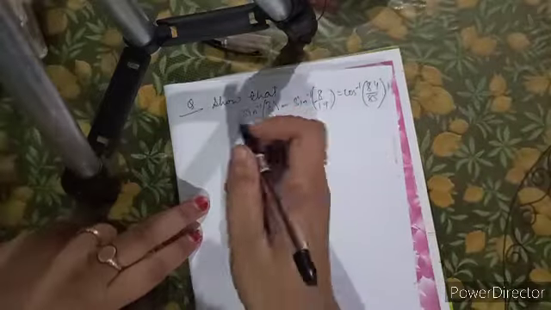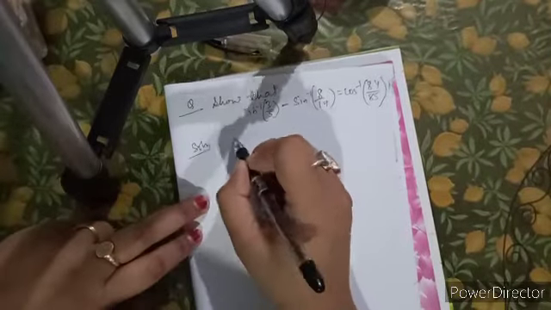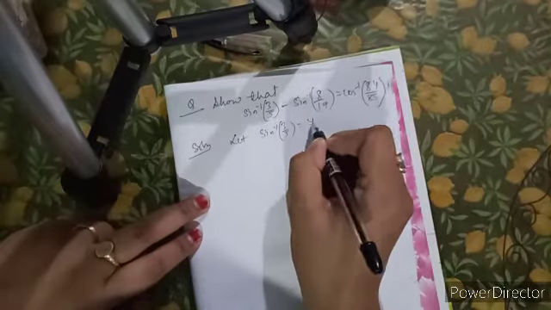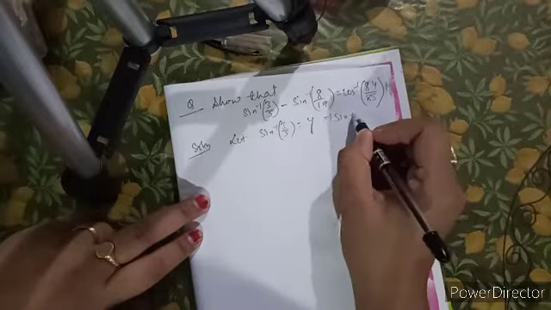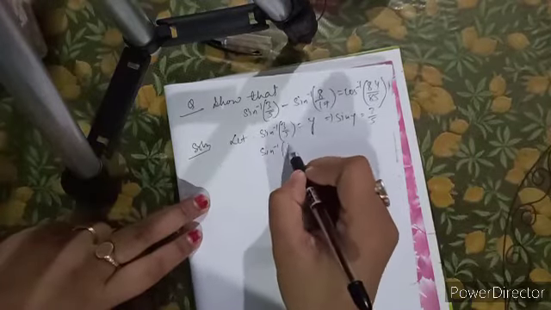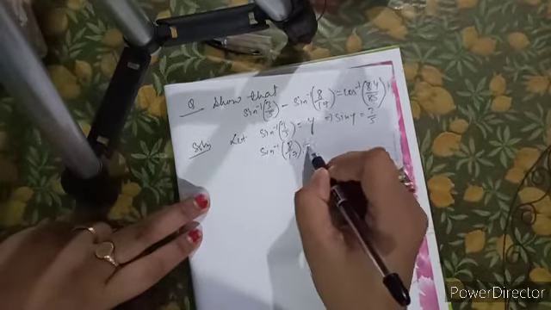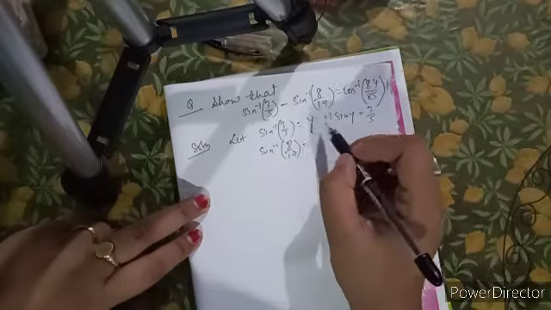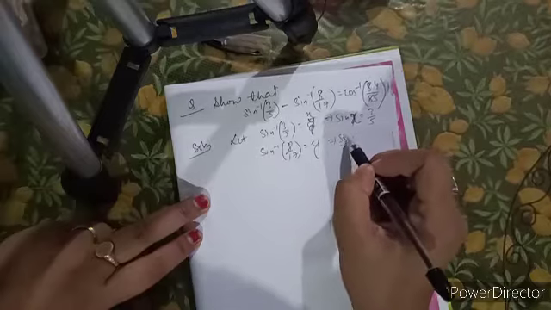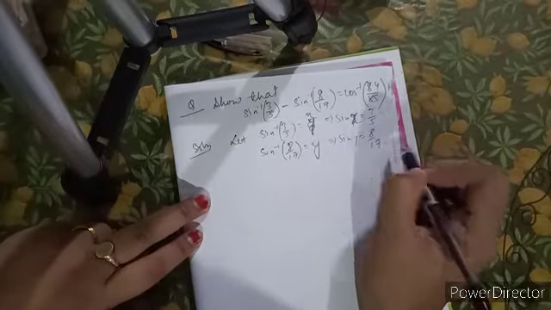So how can you prove this? Let sine inverse 3 by 5 be equal to y. Therefore sine y equals 3 by 5. Then sine inverse 8 by 17 equal to x, so sine x equals 8 by 17.